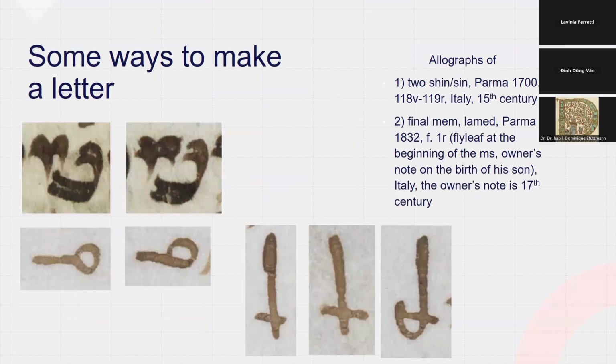Another example of the same phenomenon is allographs, again of Shin or Sin, from another Italian 15th century manuscript. And here we can see how it's written in three movements, with the writing instrument lifted three times.